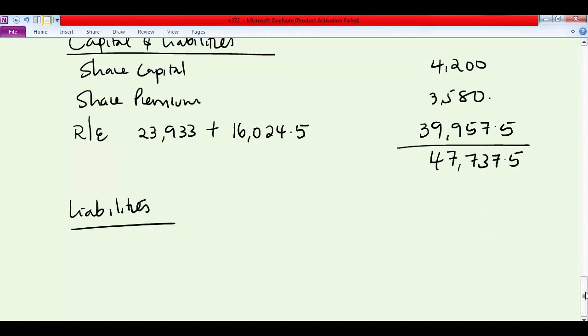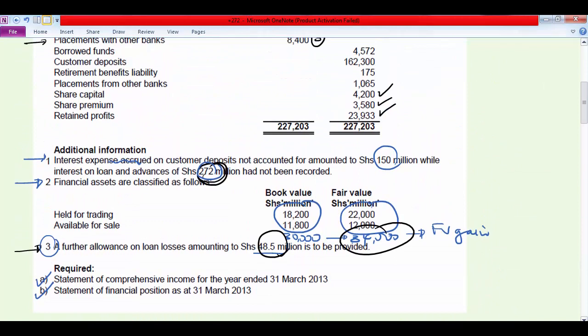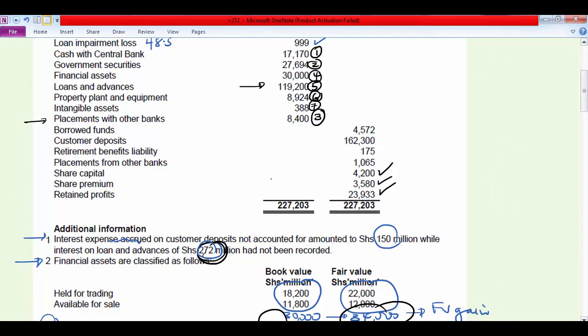Then we come to liabilities. And the liabilities, what are the liabilities that we have? Again, starting with the most liquid. So the most liquid is customer deposits, so that will be the first one. And then followed by placements from other banks will be the second one. And then borrowed funds can be number 3. And then the retirement benefits obligation can be number 4. Okay.